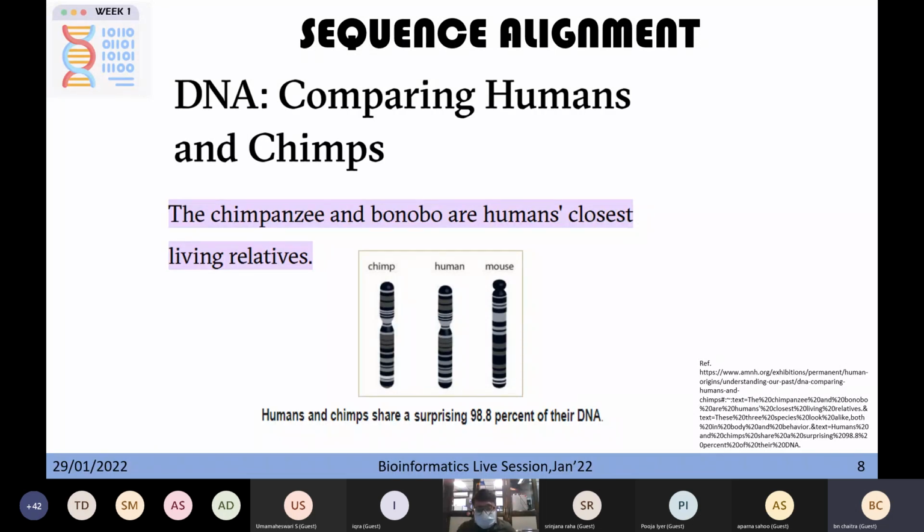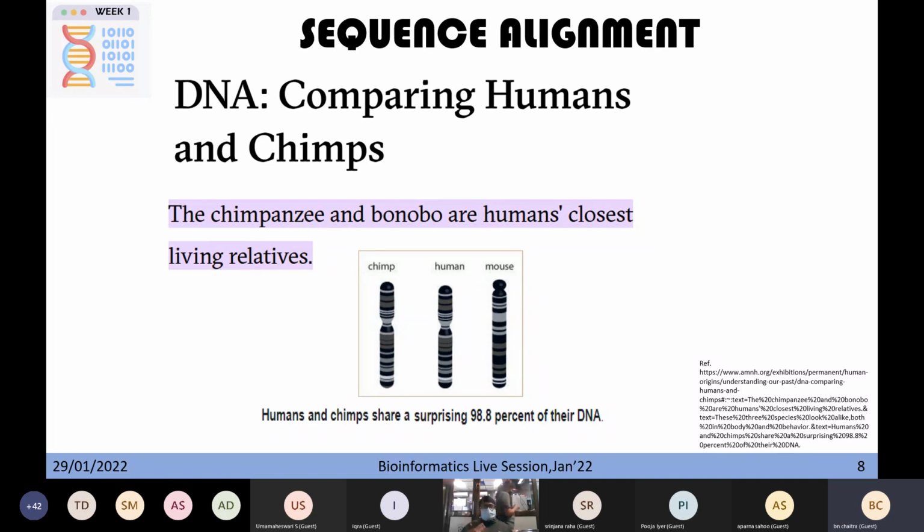So if we have only one sequence of any length, for instance if we sequence a human being having billions of base pairs, we cannot interpret anything. We don't know whether it is correct or wrong, what to interpret, how to interpret. It should be compared with something else.